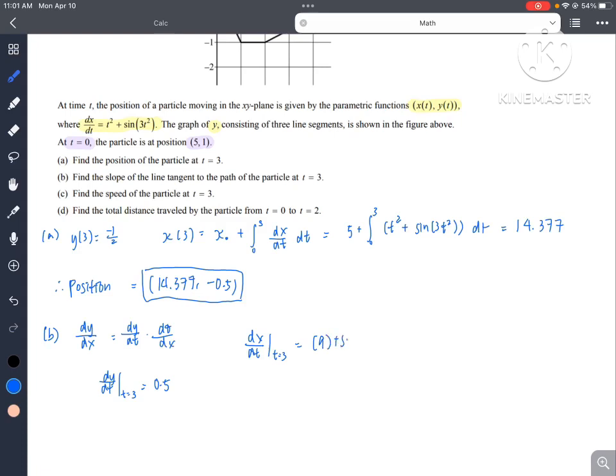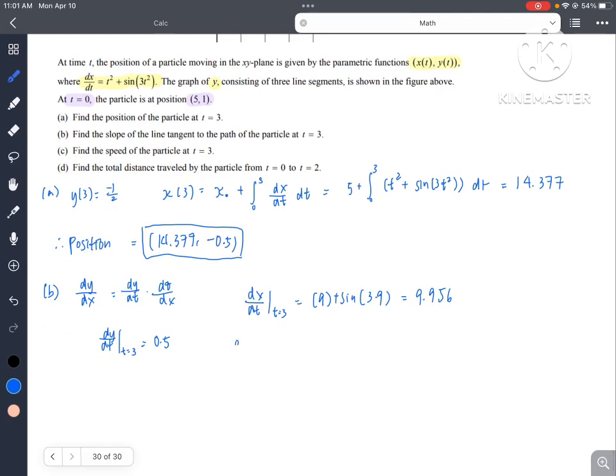Well, it's just 9 plus sine of 3 times 9, or sine 27. So we plug that in our calculator and get 9.956. So dy over dx is just equal to 0.5 over 9.956, which is equal to 0.0502. So therefore, the slope is equal to 0.0502.